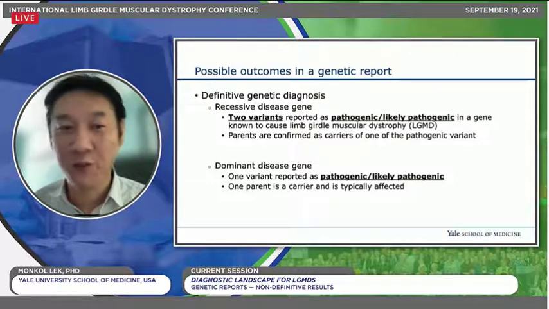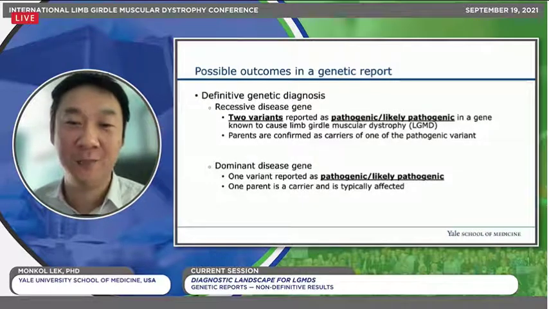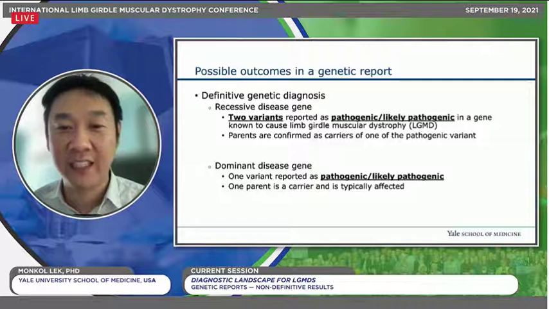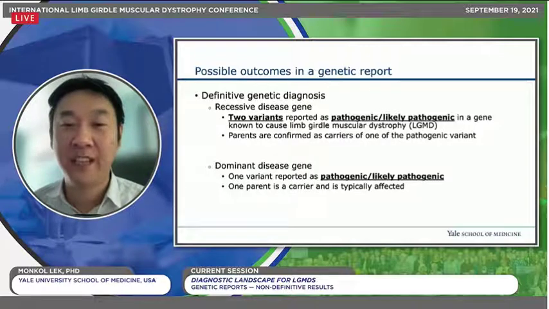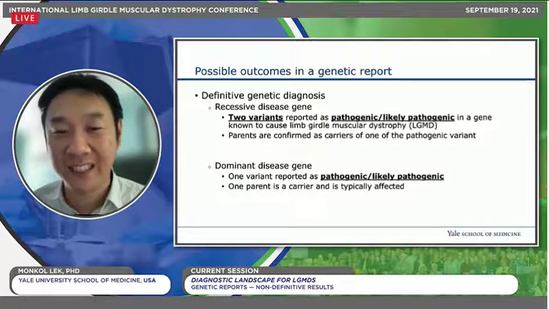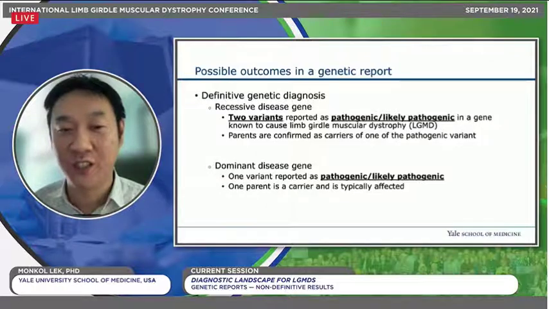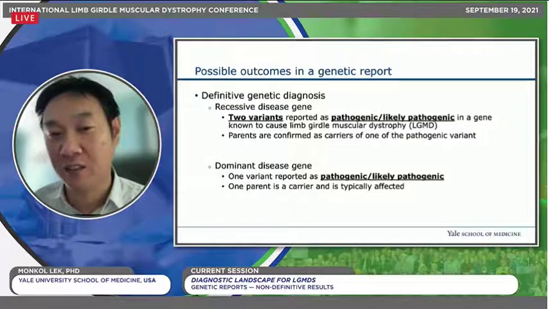We need two variants, so both copies need to be defective in a recessive case, and they're also reported as pathogenic or likely pathogenic. This has to occur to be a definitive genetic diagnosis for limb-girdle muscular dystrophy.